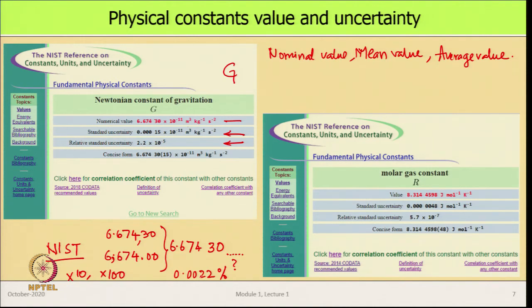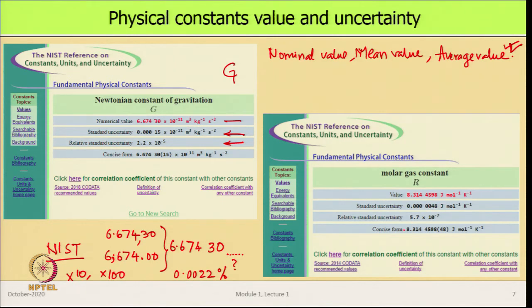Another example is in the second picture here. The molar gas constant R, which you have used so many times in many subjects. Its value is 8.3144598 joules per mole per Kelvin. This is the same thing as what we have said over here. Its standard uncertainty is given here. It is 5 zeros and then 48 joules per mole per Kelvin.